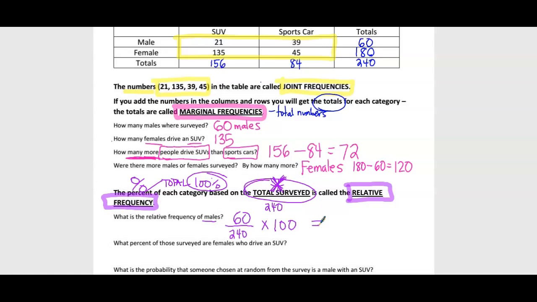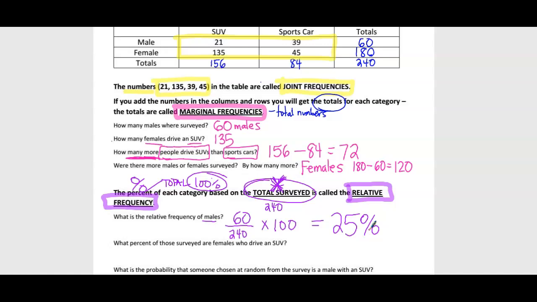So when you round what you see on your screen, remember, you're typing in 60 divided by 240 times 100. This should say, when you round it, 25%. That is the first one. See if you can try the second one.